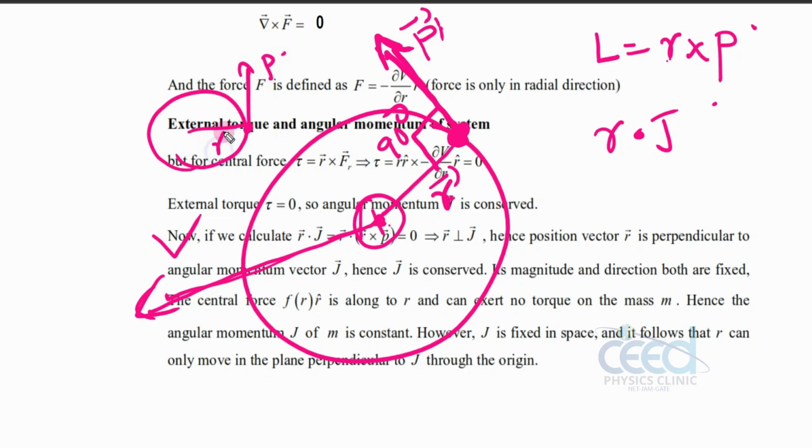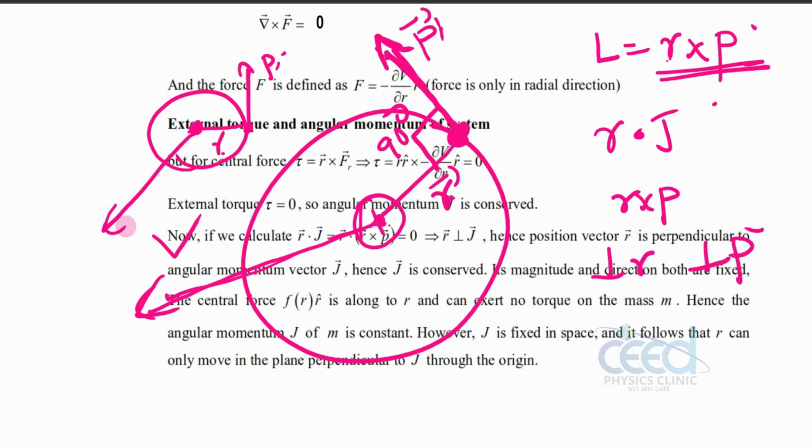The vector perpendicular to both r and p should come outward like this, so that it makes 90 degrees with the p vector and 90 degrees with the r vector. Am I right? So r cross p is perpendicular to both r and p. That means angular momentum.